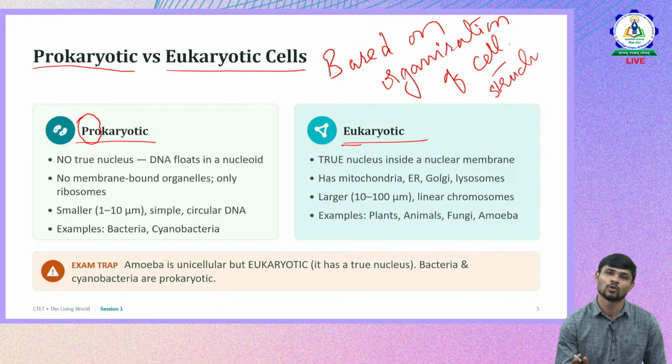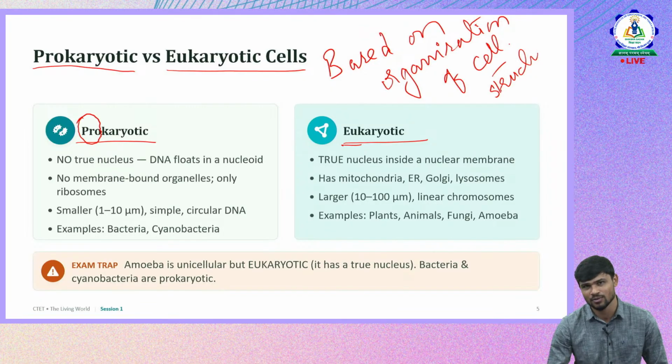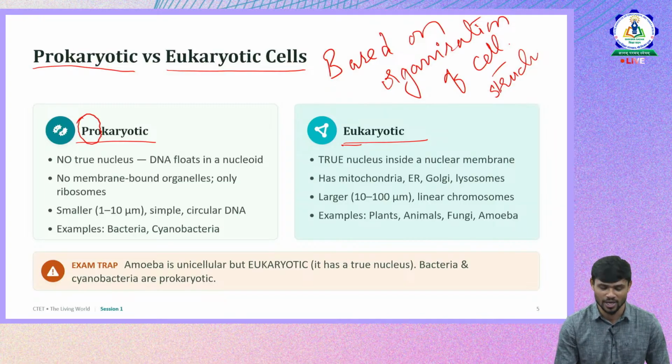The difference between prokaryotic cell and eukaryotic cell, we will also be seeing the diagram once, and you will already know how they look. But let us discuss from the perspective of how CTET asks questions with respect to prokaryotic and eukaryotic cells.